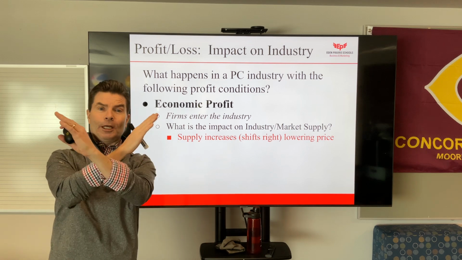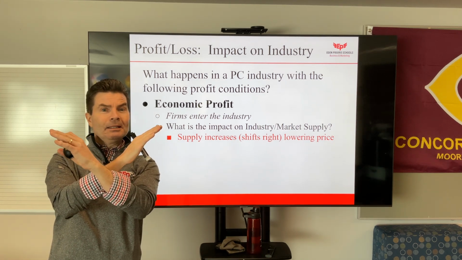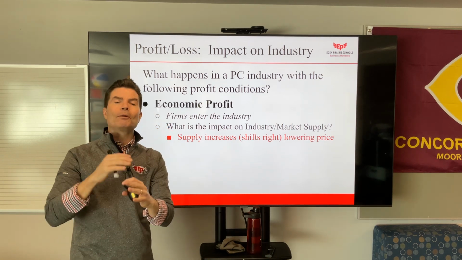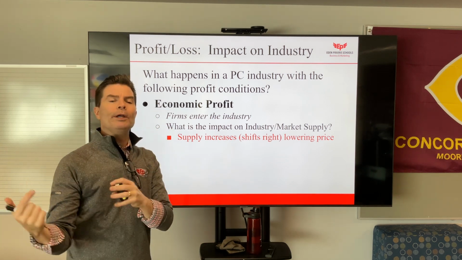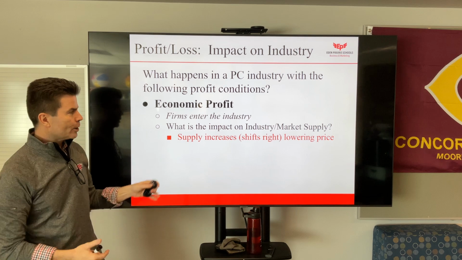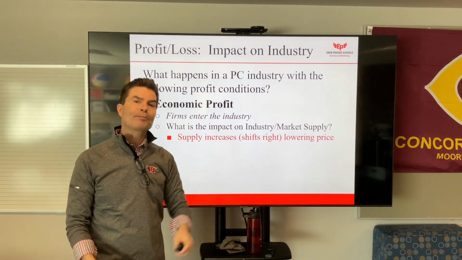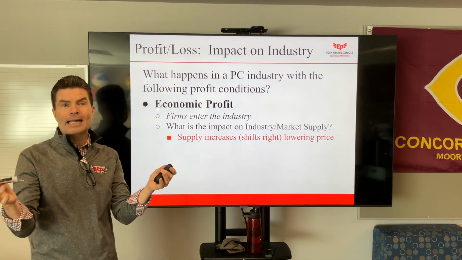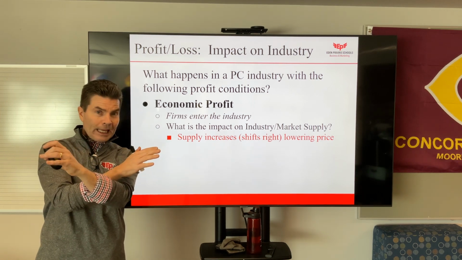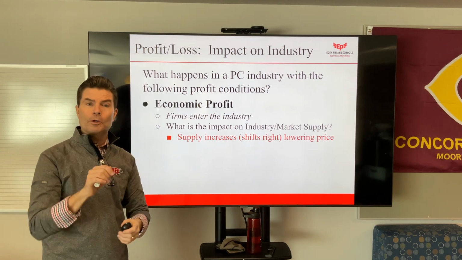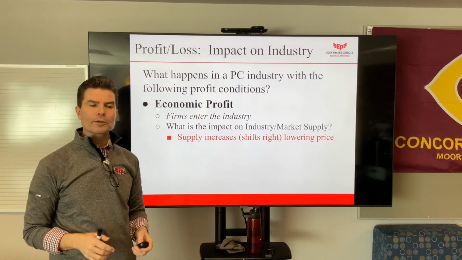If you remember supply and demand, the supply curve increases when other firms enter your industry, which is going to lower the overall price in that industry, because that's exactly what happens in a supply-demand curve when your supply increases. It shifts to the right and it lowers the price. Increases quantity, lowers the price.